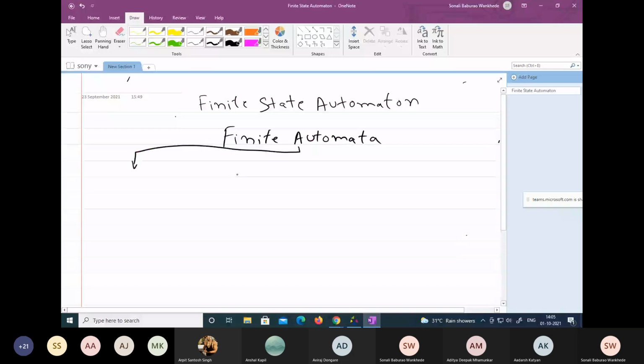We have finite automata with output, and finite automata without output.